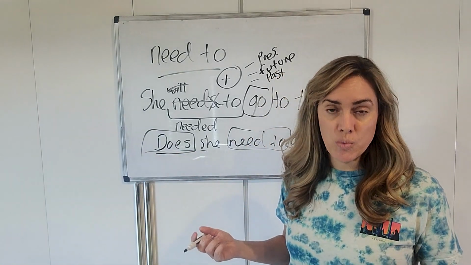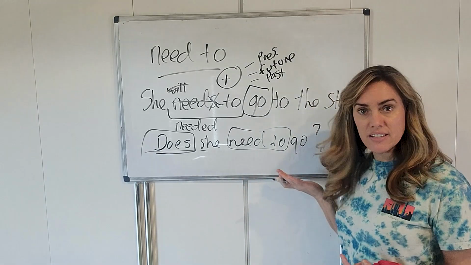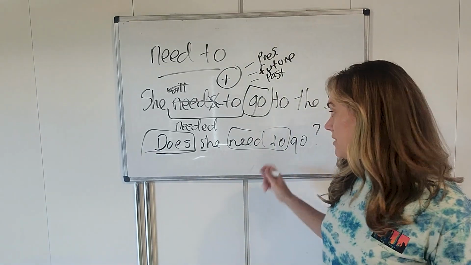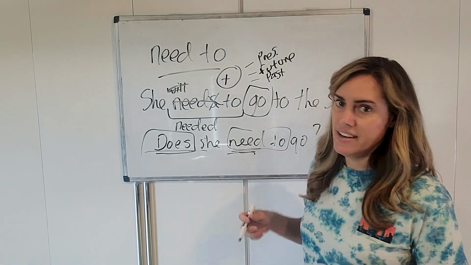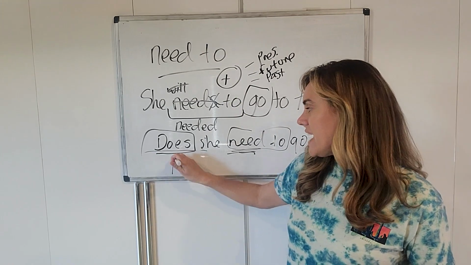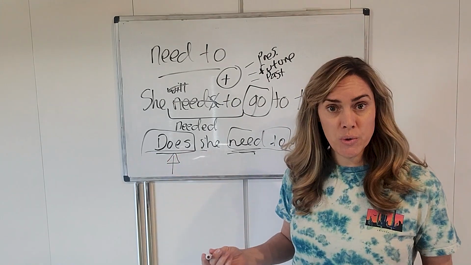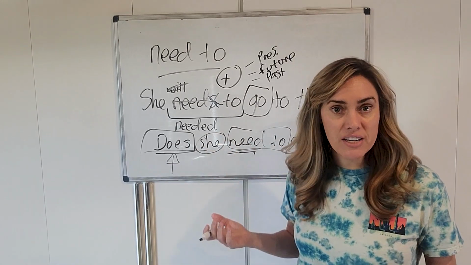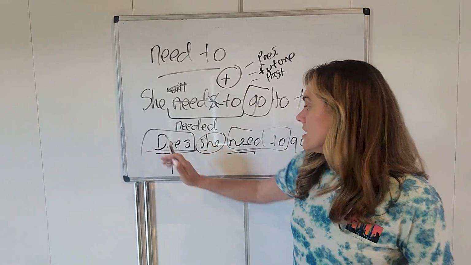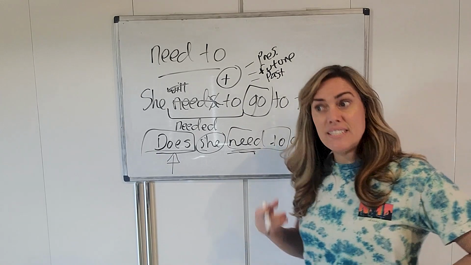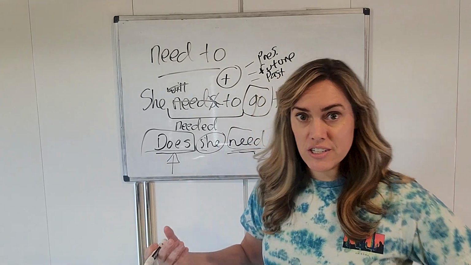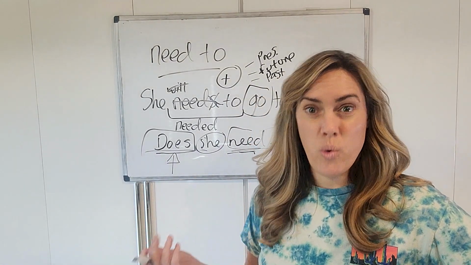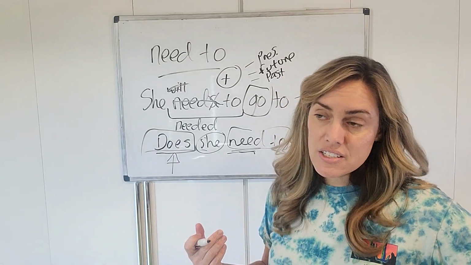And since we're using the simple present time and the verb is need and not be, we have to add a helping verb do. Of course, it's does to agree with the subject, third person singular. So does she need to go? Is it necessary for her to go? Is it a requirement? Yeah, she needs to go.